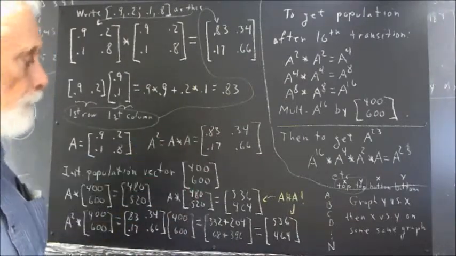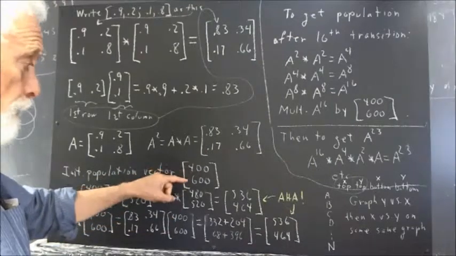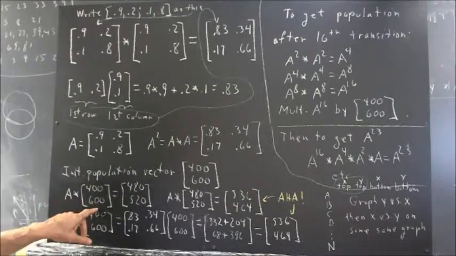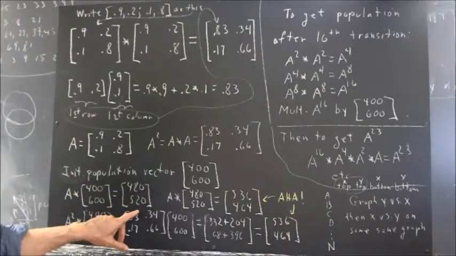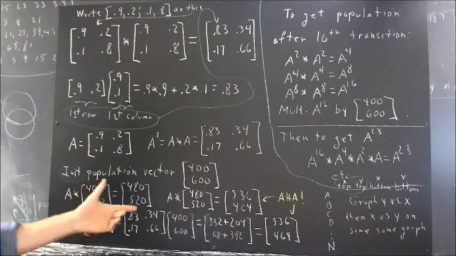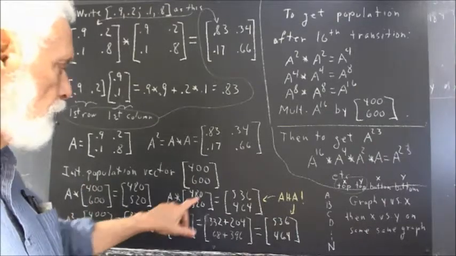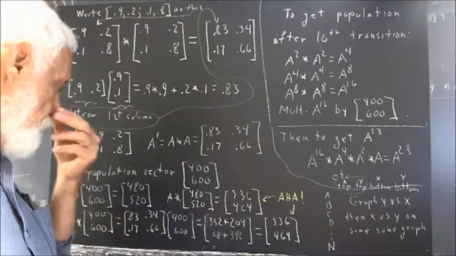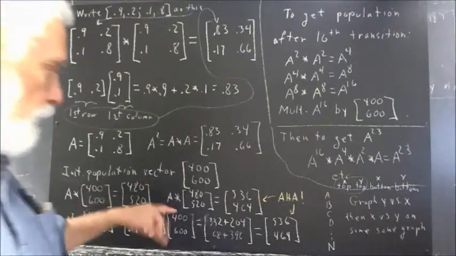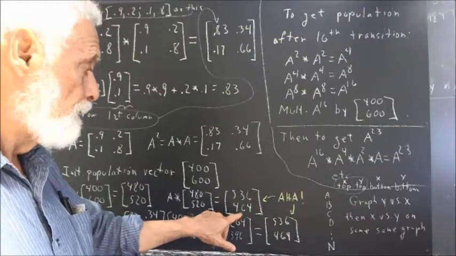So that column vector represents the initial population of sane and the initial population of demented people. If we multiply A by 400, 600, we get 480, 520, as you verified. And I don't think anybody had serious trouble verifying that on yesterday's homework. Okay. And then if I do A times 480, 520, and I haven't done that because, of course, I believe everybody did that for homework, we get 536, 464.